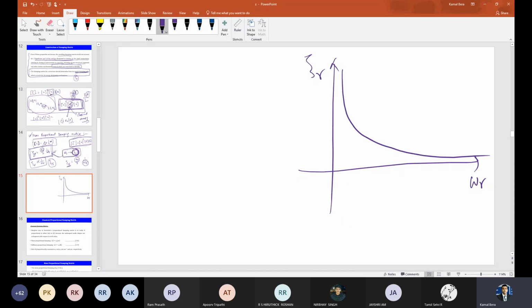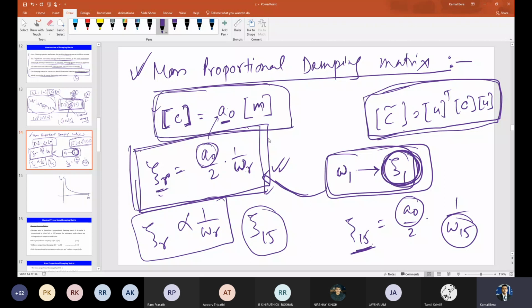Got it? Okay. But again, this does not represent the actual scenario of an actual physical system. In an actual physical system, at least a few modes, let's say mode number 5 to 10, are more or less the same. The modal damping ratios are a little bit different, but not continuously decreasing like that. So we cannot use only the mass proportional damping matrix for our real structural system.